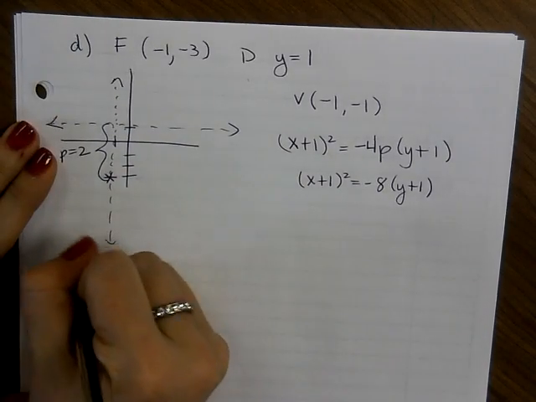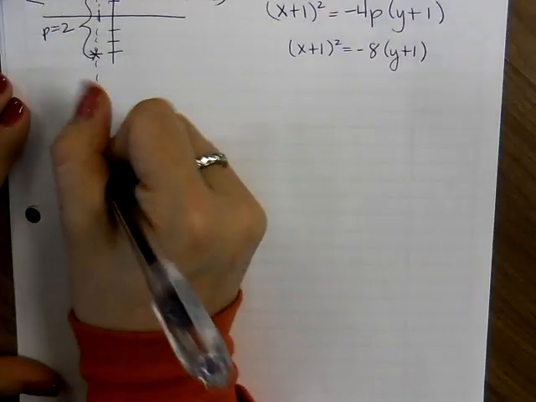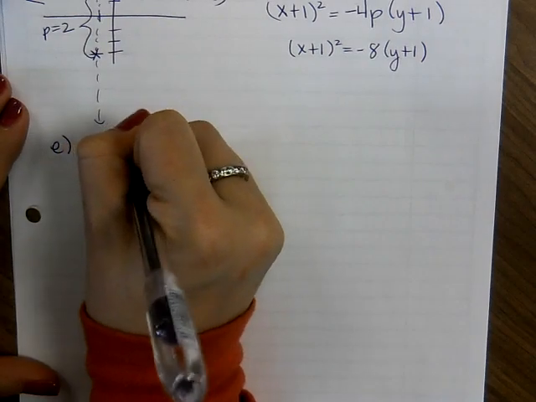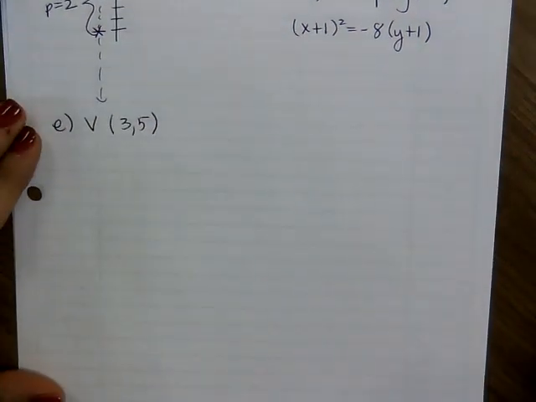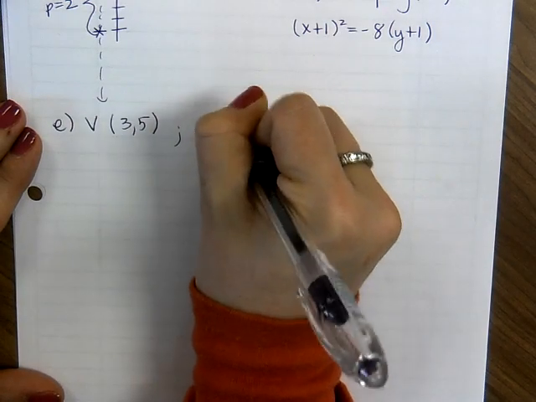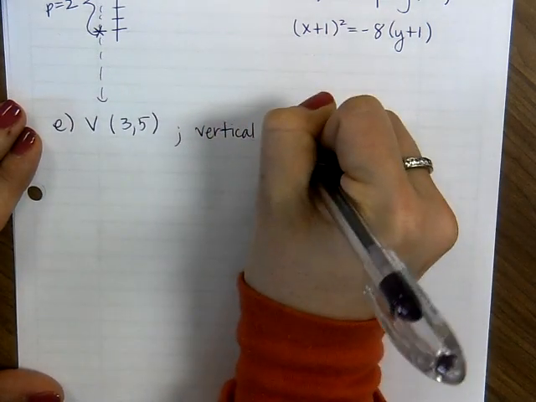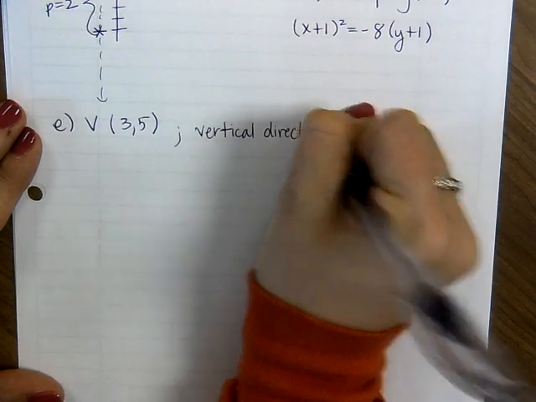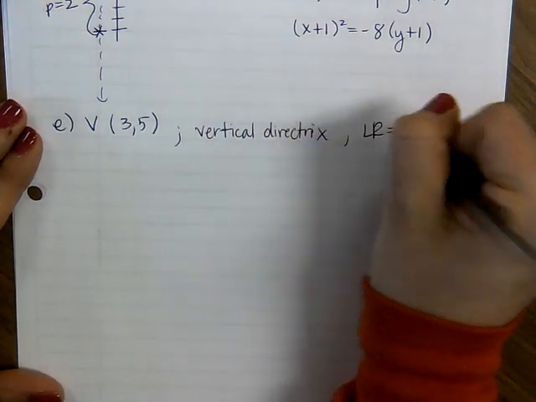All right, this last one is a little trickier. So the vertex is at 3, 5. It has a vertical directrix. The LR is 12.